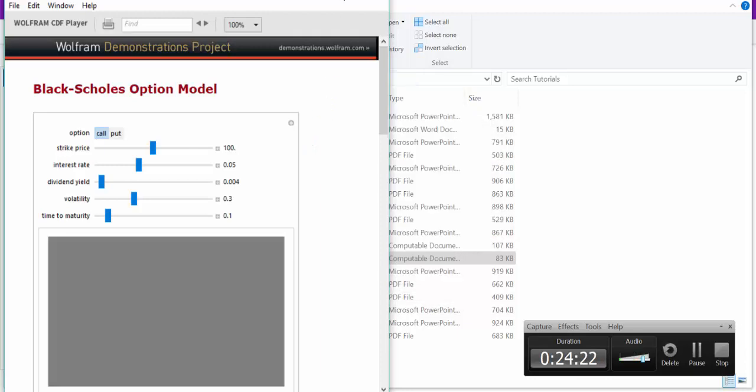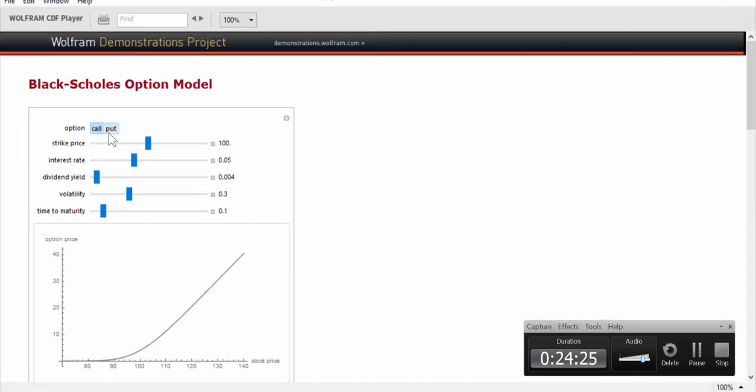So here I want to look at a put, and this is exactly it.